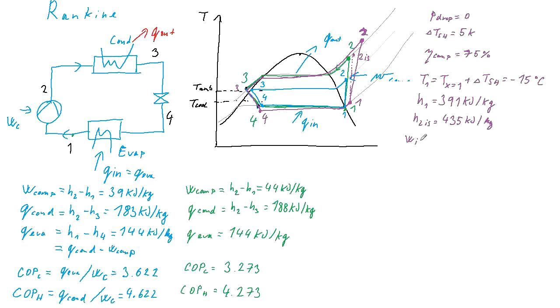So the isentropic work of the compressor is the difference between enthalpies 2 isentropic and enthalpy 1, which is 44 kilojoules per kilogram.